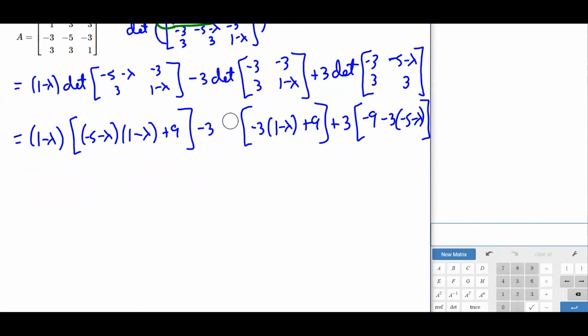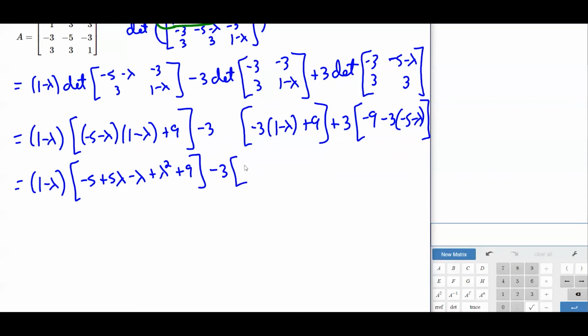I guess I shouldn't have written determinant there. So I need to foil this out. So -5 plus 5 lambda minus lambda plus lambda squared plus 9. And distribute -3 plus 3 lambda plus 9. And distribute here, get plus 15 plus 3 lambda. Simplify.